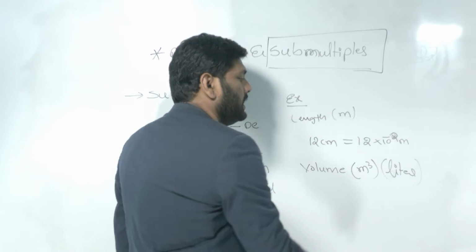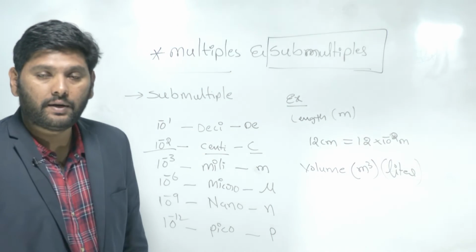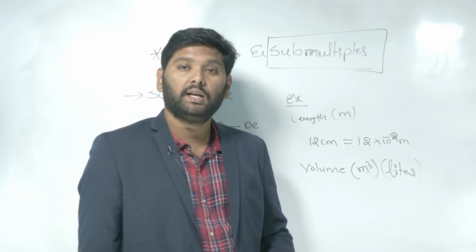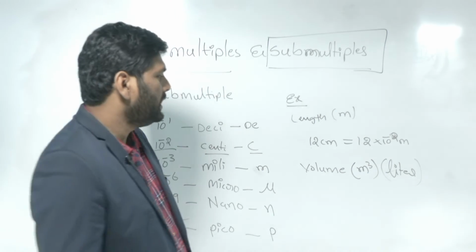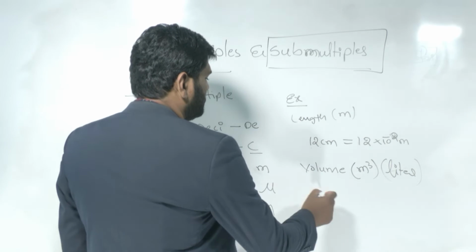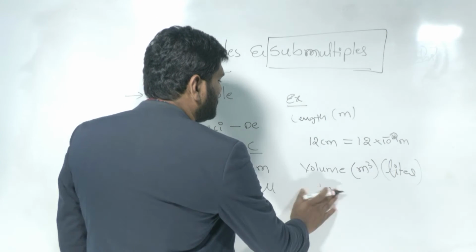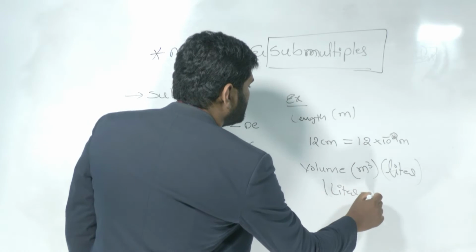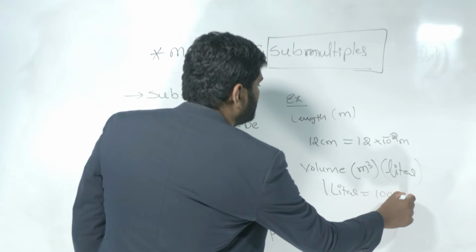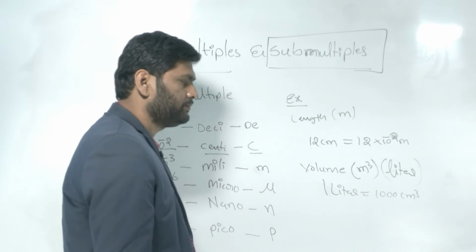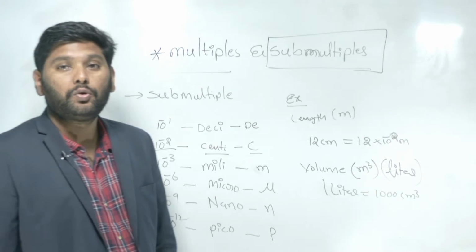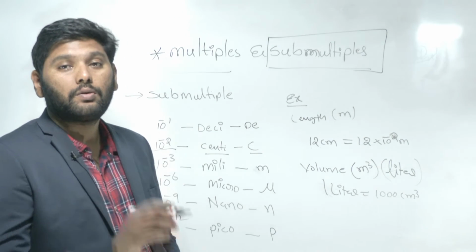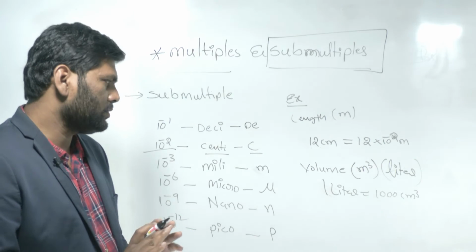Volume expressed in liter is a practical unit for volume. So actually 1 liter of volume is equal to 1000 centimeter cube. 1 liter is equal to how many centimeter cube? 1000 centimeter cube. Is it okay?